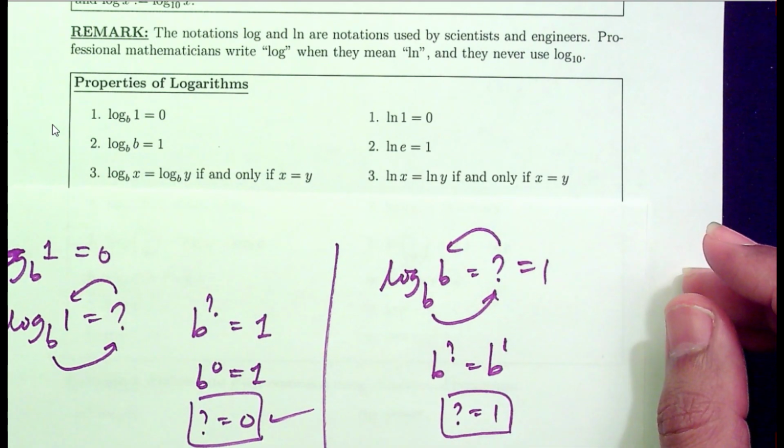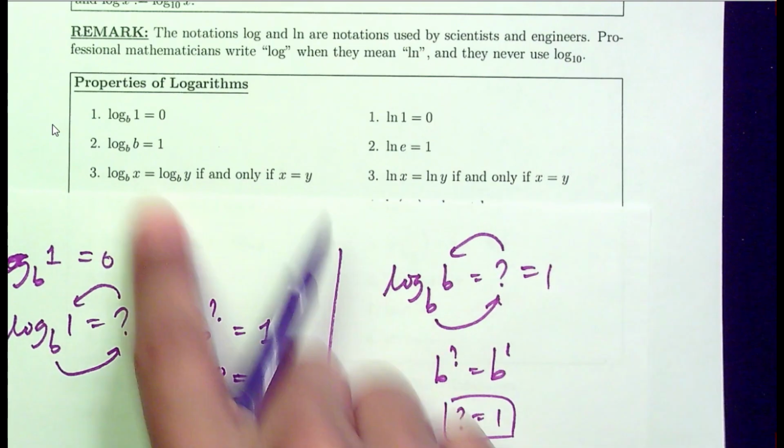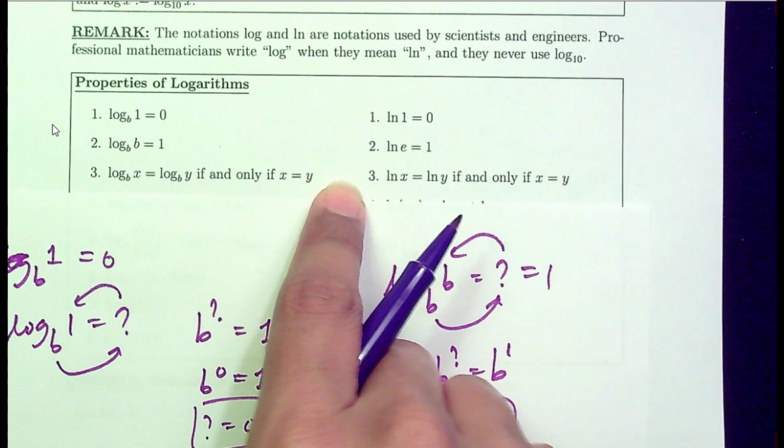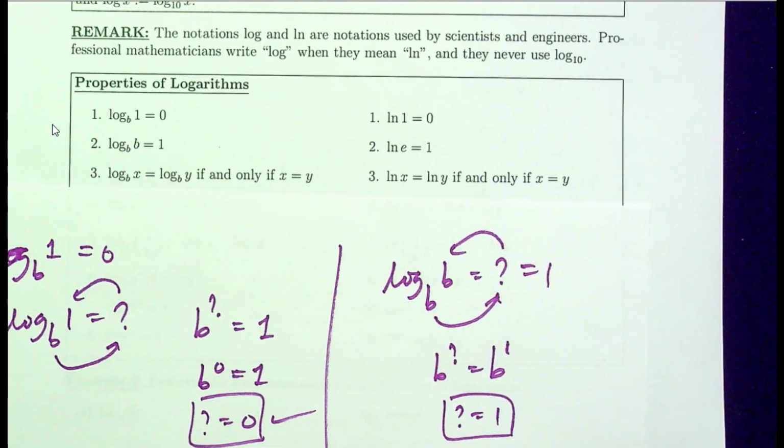Logarithms are also injective, or one-to-one. That's what that says. And of course, that's because an exponential is one-to-one, and the graph of an exponential function is the graph of a logarithm. If you just reflect it, the graph is also going to pass the horizontal line test.